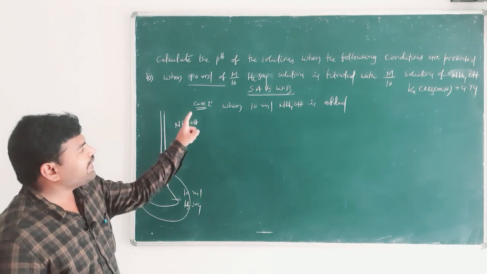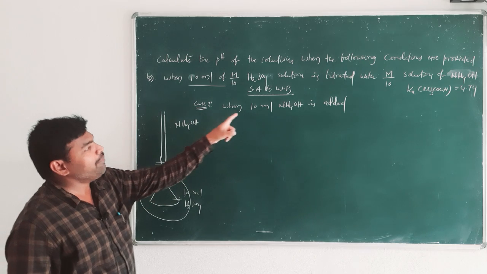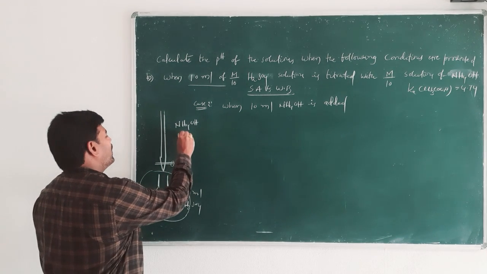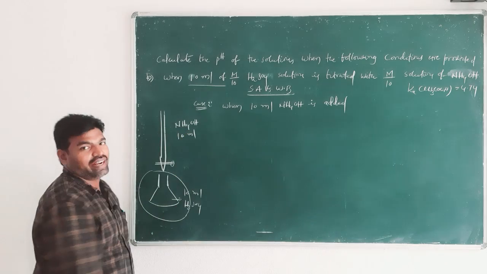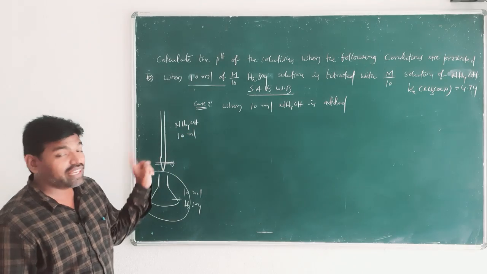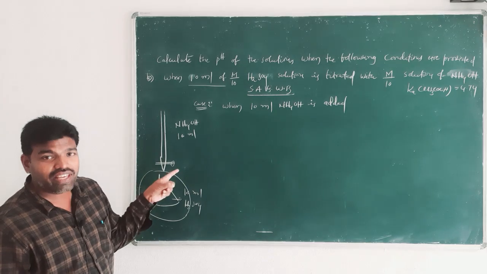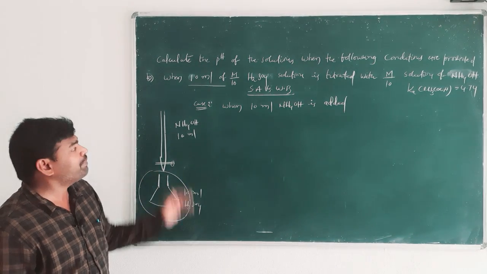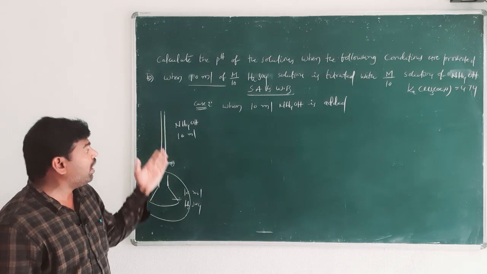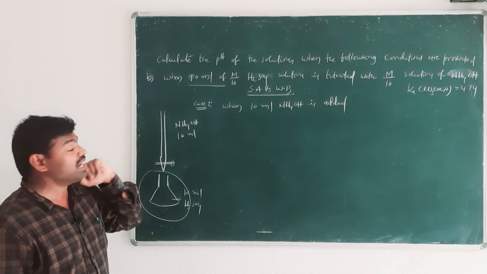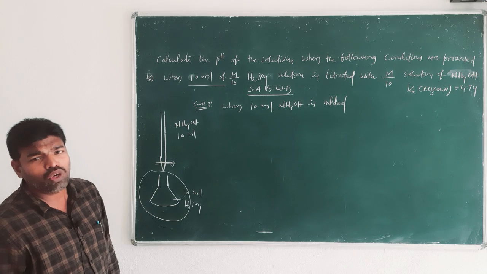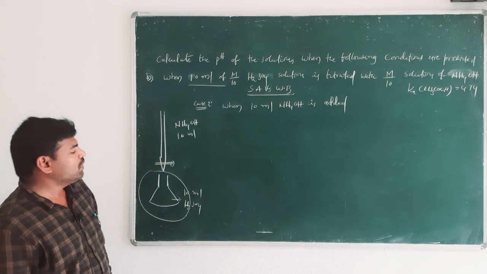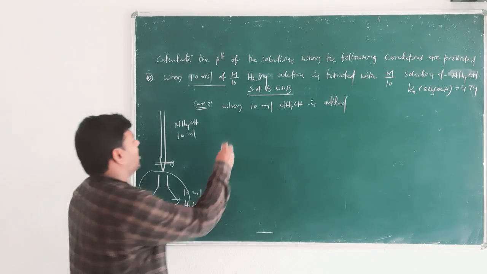And case 2 is when 10 ml of NH4OH is added. In this case, we should calculate the millimoles of NH4OH and milliequivalents of H2SO4, because milliequivalents and millimoles are equal for NH4OH, since it is a monoacidic base.